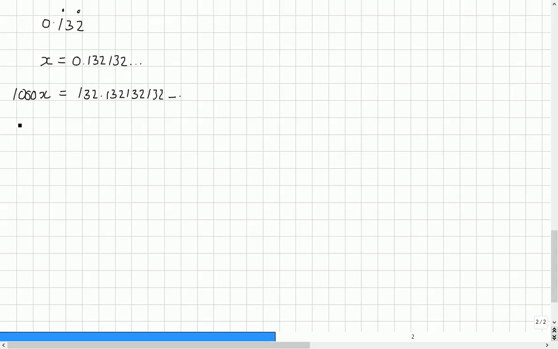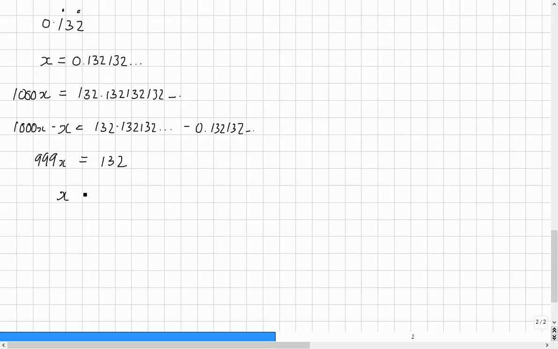Okay, so then we want 1000x, take away that x, which is 132.132.132, and so on, minus 0.132.132, so on. 999x on this side, and 132 on this side.